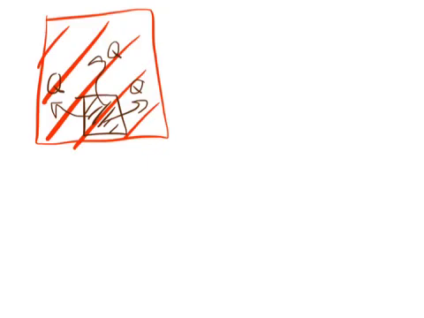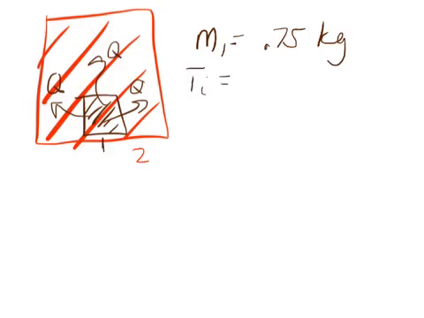Now, let's list our givens. We know that the mass of the cup, I'll say M1, we'll call the cup object 1, and we'll call the water object 2. The mass of the cup is 0.75 kg. The specific heat is unknown. The initial temperature of the cup, Ti, is 36.5 degrees Celsius.